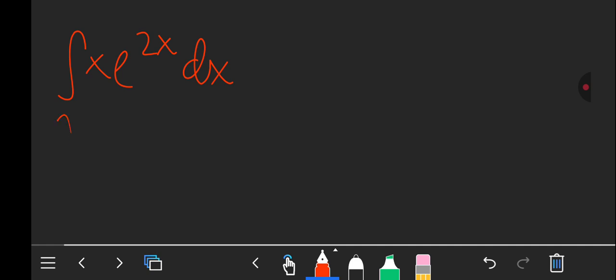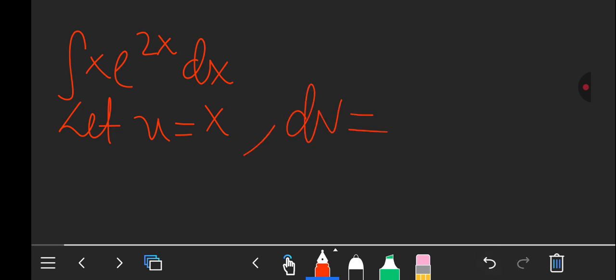So I'm going to let u be equal to x. You need to let u be that function which, when you differentiate it further and further, you'll get maybe 1 at the end of the day. Okay, so we'll use u to be x.